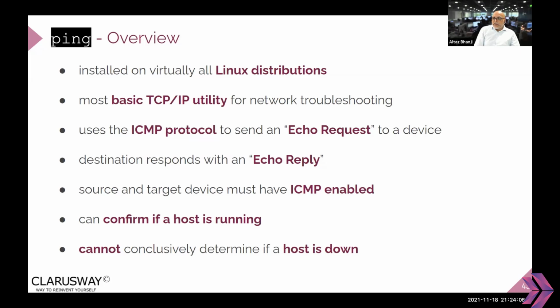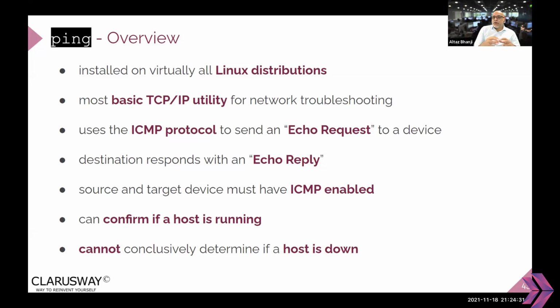Well, if I'm not connected to the internet and I try to ping Google, it won't work. I can't get my request all the way over to Google. It's not a problem with the remote server; there's something wrong with my server. Or what if the remote server has turned off ICMP?